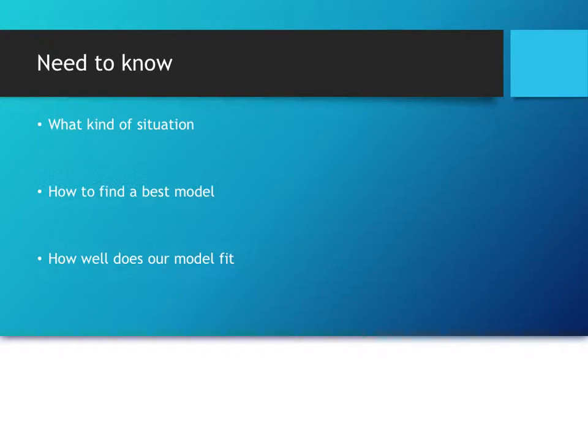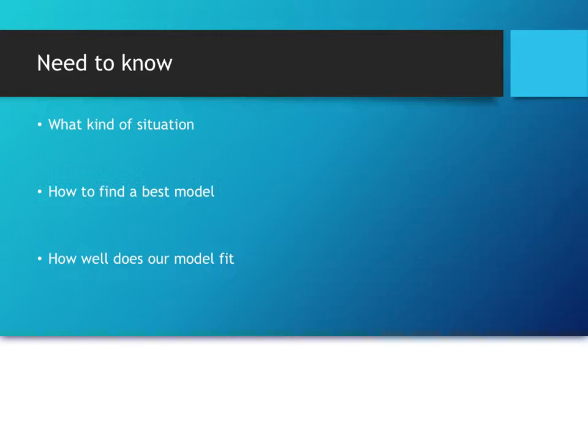Now, there's three important things that we're going to have to look at. First off, what kind of a situation are we in? Are we in a situation where we have linear growth or exponential growth, or do we have a parabola, which is a quadratic function? Things of that nature.